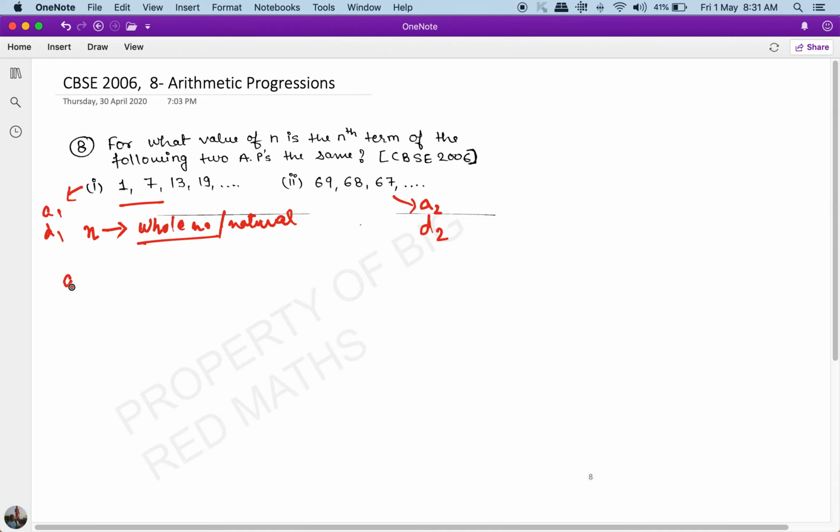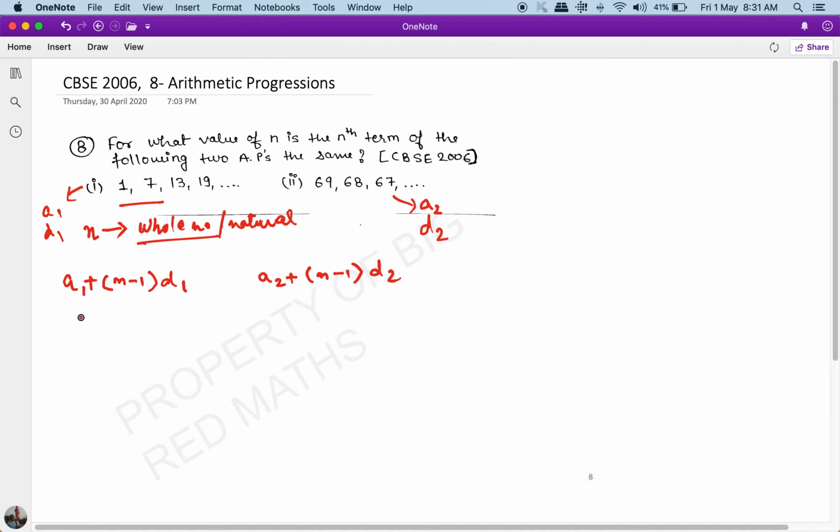It is A1 plus (n minus 1) into D1. And what is the nth term of the second AP? It will be A2 plus (n minus 1) into D2. Now remember, I'm not putting n as n1 and n2 because the nth term is the same. The same number of term which should be the same.